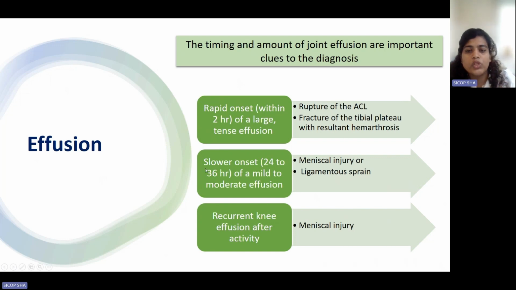Then if the effusion is of slower onset, 24 to 36 hours, with mild to moderate effusion, then it goes towards meniscal injury or ligamentous sprain. And sometimes the patient complains that if I do some exercise or some kind of activity, the effusion recurs. So what will it denote? It goes towards meniscal injury.